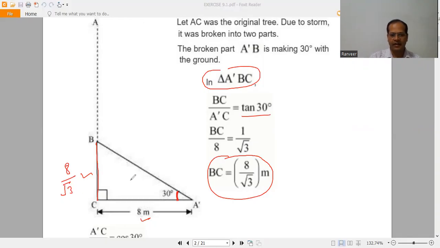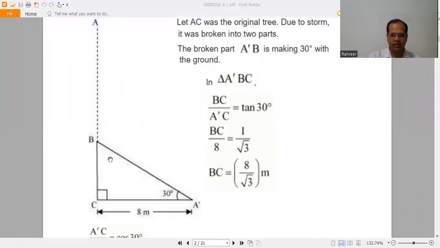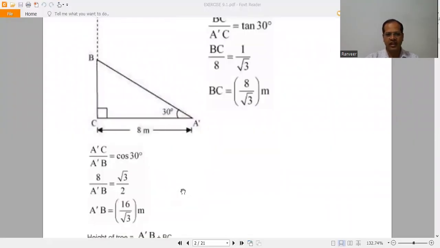After that, we require the AB value. For the AB value, we know this value. If we take sin theta, we get BC divided by A dash B, or cos theta, either you can take, it depends upon you.